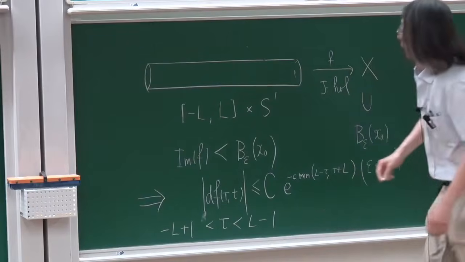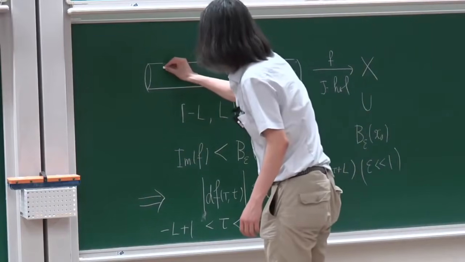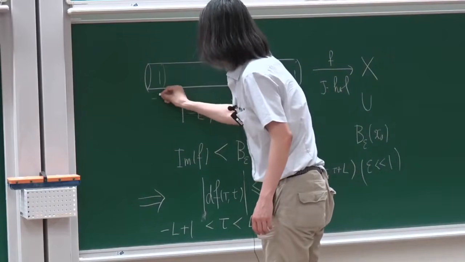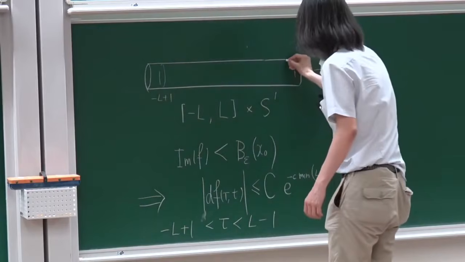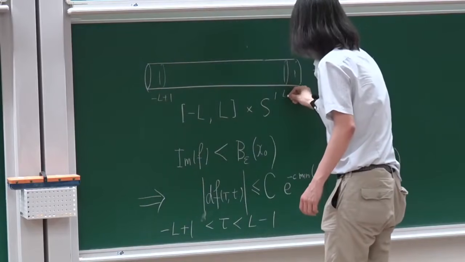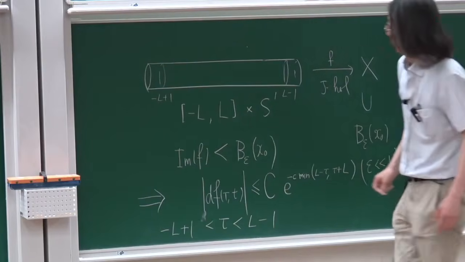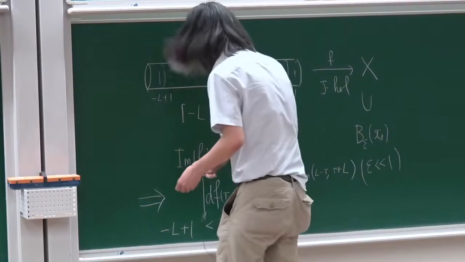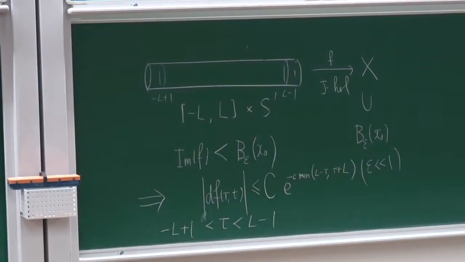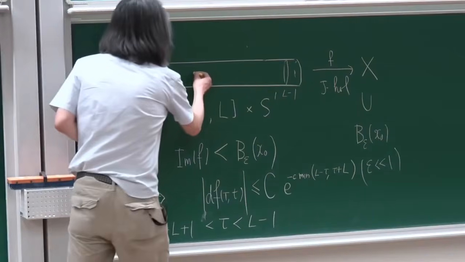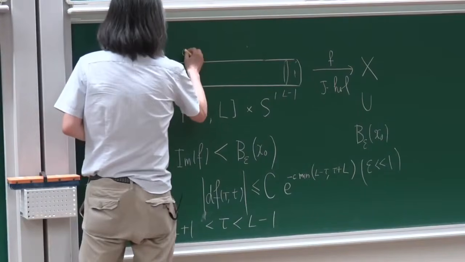Okay. So here I have minus L plus 1, and here it is L minus 1, and then I take some point here. So this is tau, t.